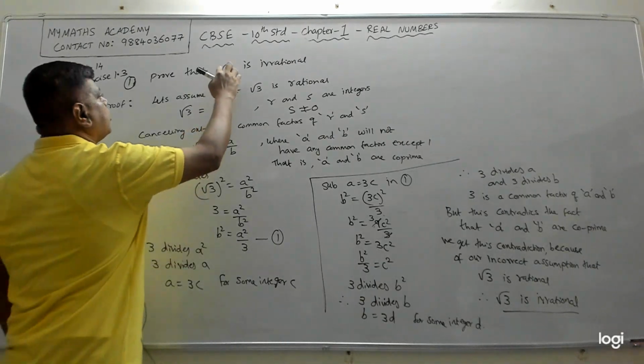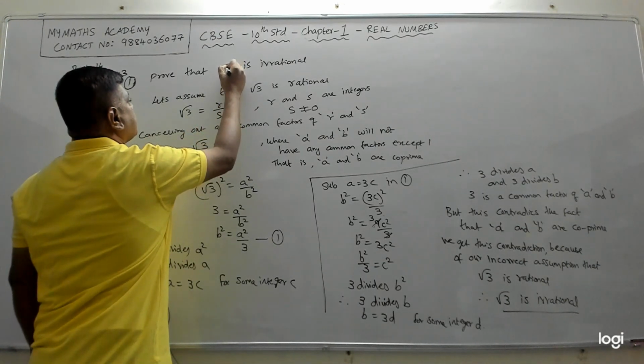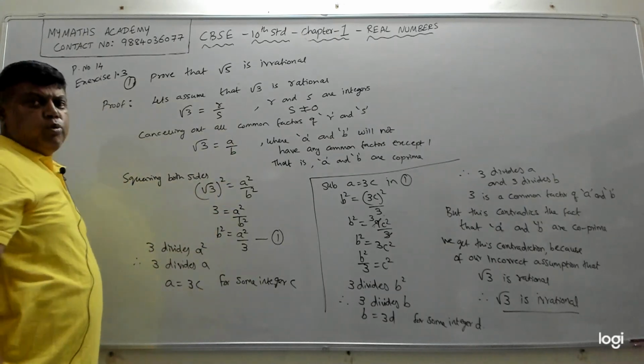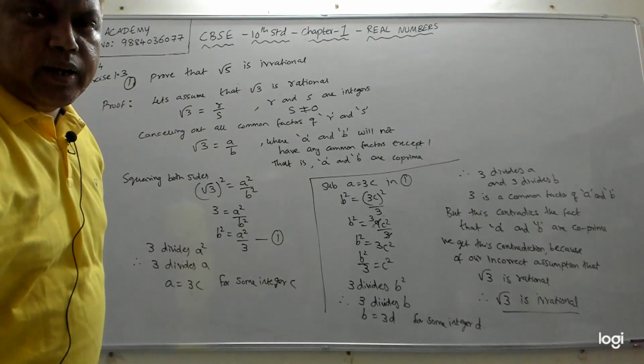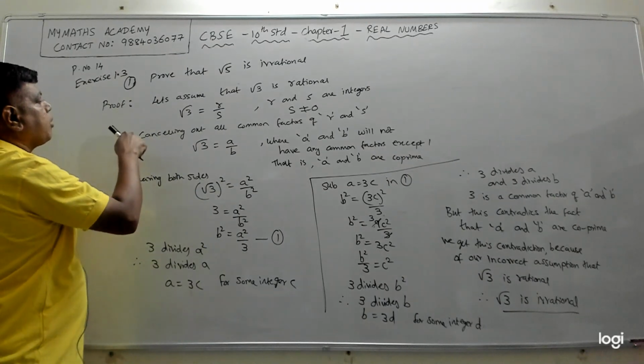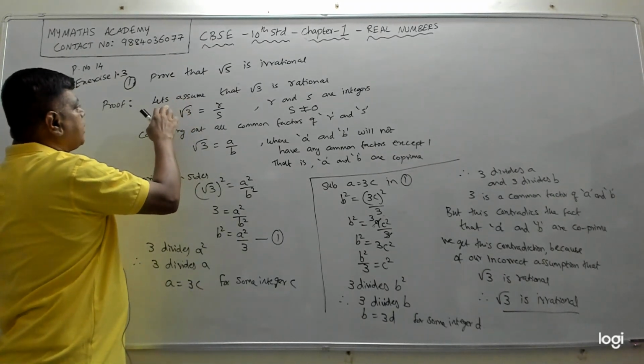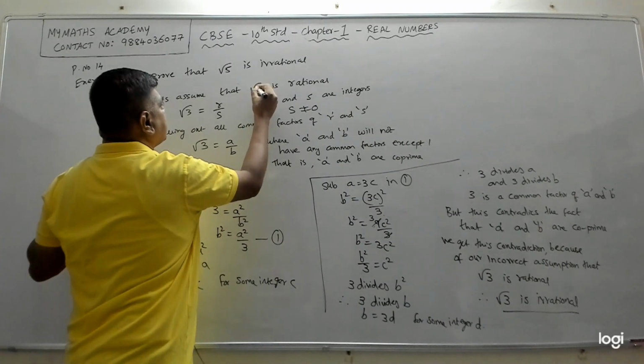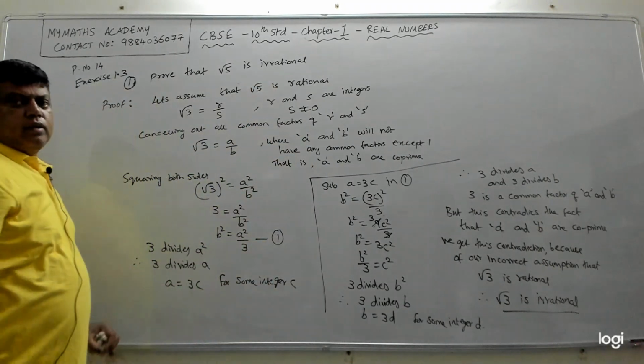To prove that root 5 is irrational, we will use the same method again. Let us assume that root 5 is rational. That's how we start.